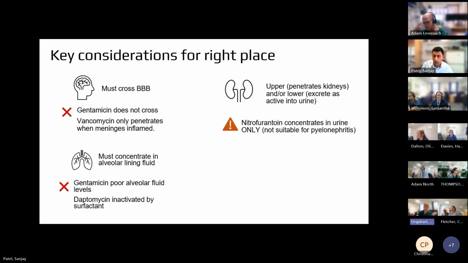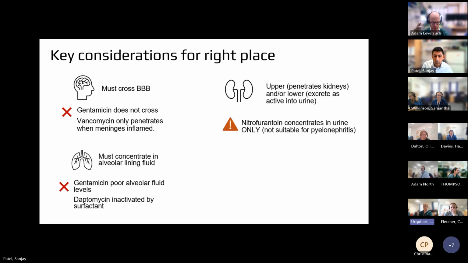And then into the lungs, as it says there, gentamicin has quite poor chest cover. So if you're trying to cover a gram-negative in the chest, and you've got sensitivity to gentamicin, it doesn't do a world of good to add gentamicin in, especially because gentamicin has quite a narrow therapeutic range. And daptomycin gets entirely inactivated by the surfactant in the lungs.